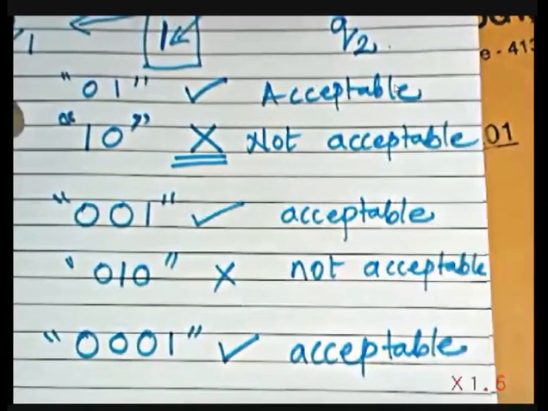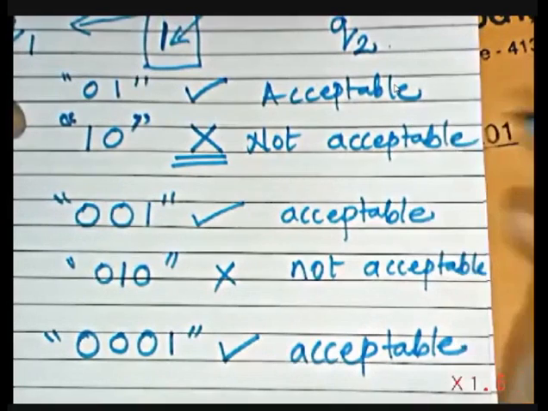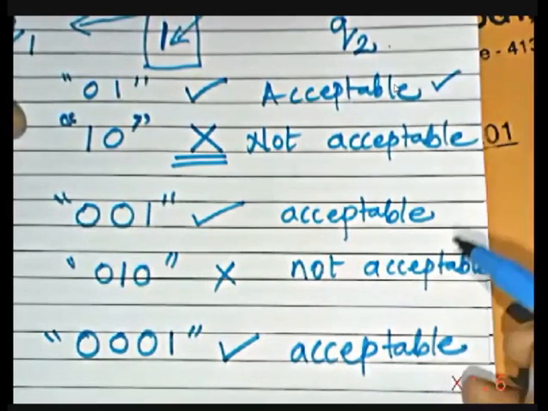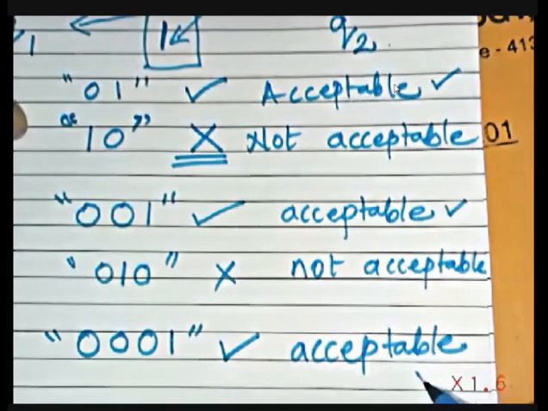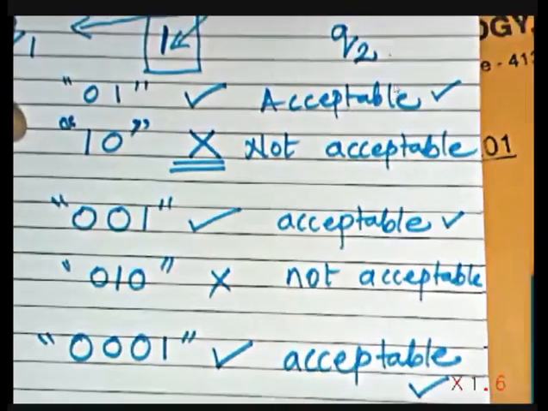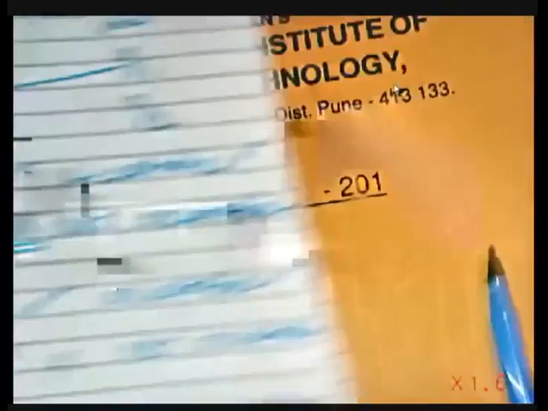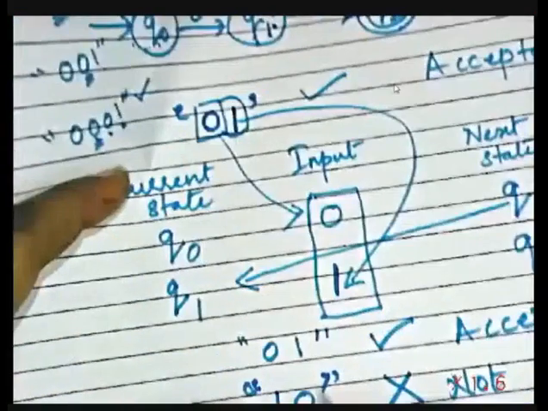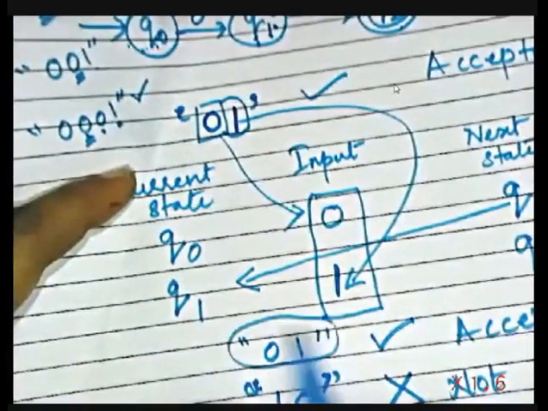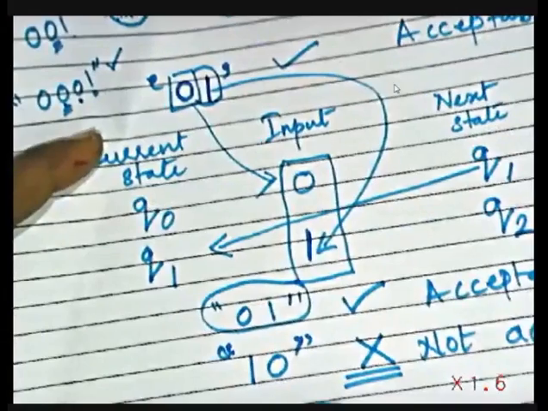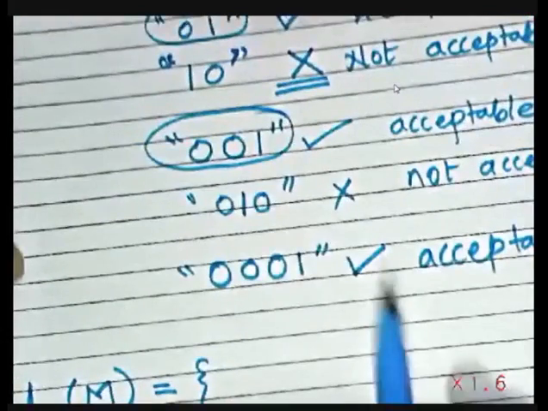Out of 5 examples, we have seen which are the acceptable examples: 1, 2, and 3. Right? Everybody agree? There are 3 strings which are acceptable. Which are those? This is the first one, this is the second one, and this is the third one.